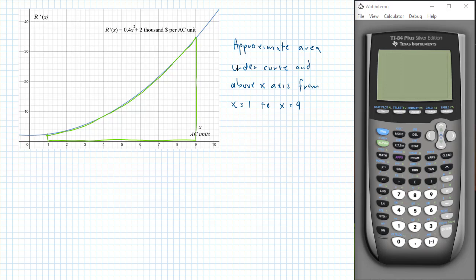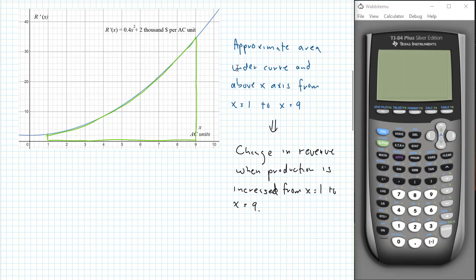And what this will give us when we're done is an idea of the change in revenue when production is increased from x equals 1 to x equals 9.